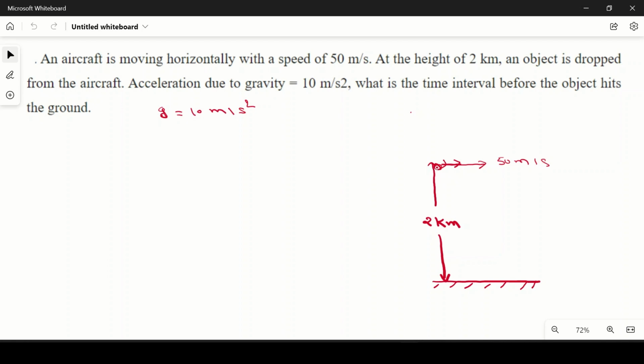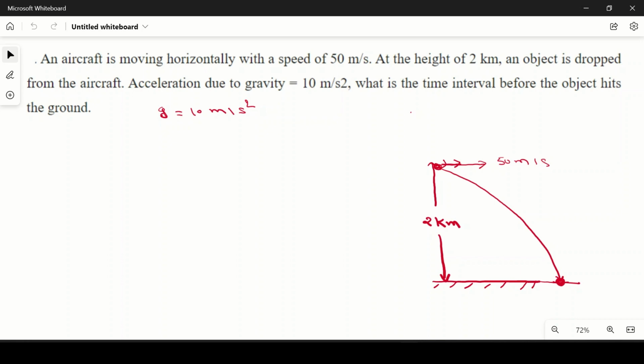The ball will be dropped from here, but the flight is moving with a speed of 50 meter per second in the horizontal direction, so the ball is also moving with the flight. So the ball will fall down and move with 50 meter per second, so it will move like this in projectile motion. It will hit somewhere here, so we have to find the time taken for this ball to hit the ground.